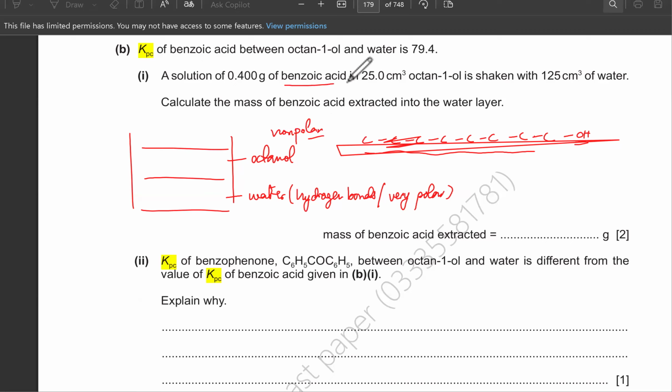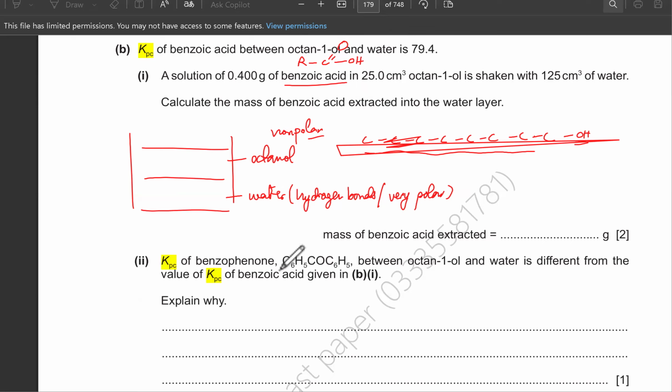Now benzoic acid, do you think that's polar or non-polar? It's got a carboxylic acid group. It's polar, right? It's got a double bond O and OH. So in which layer would more benzoic acid be found? Would it be found in the water layer or would it be found in the octanol layer?